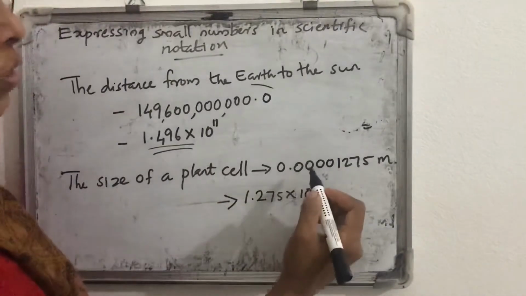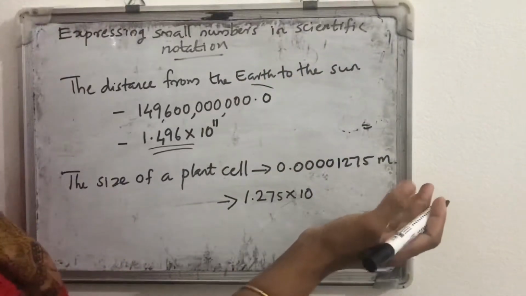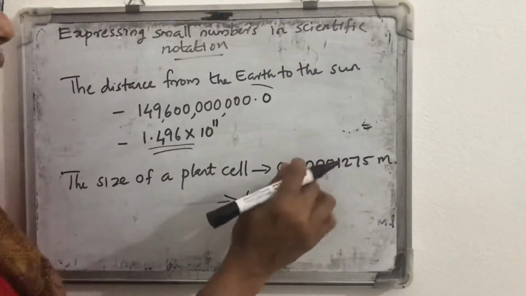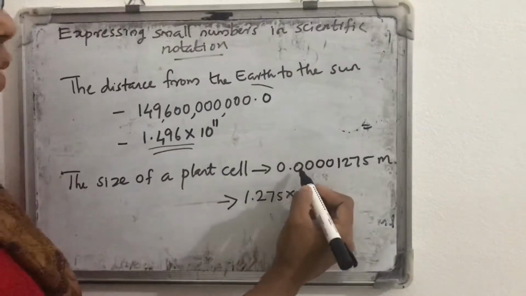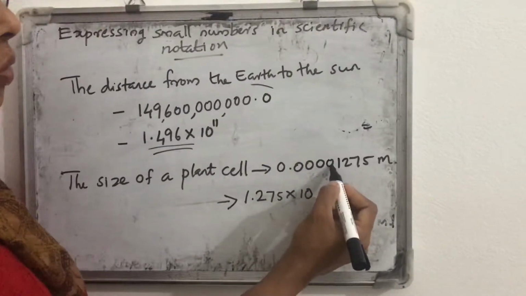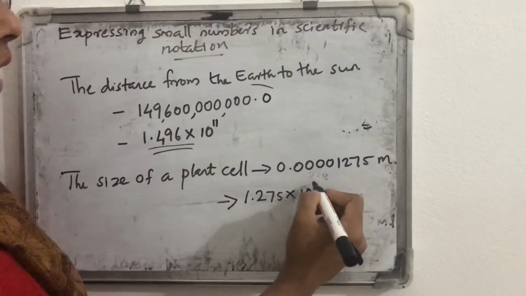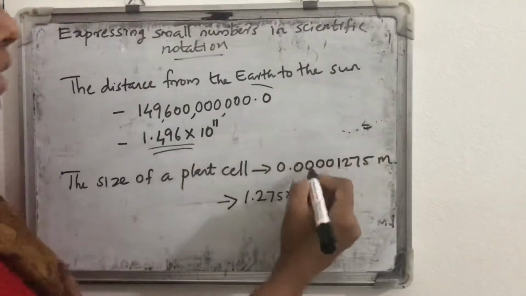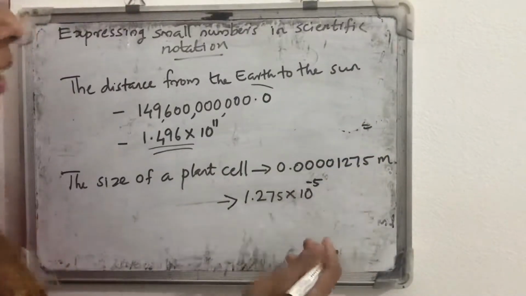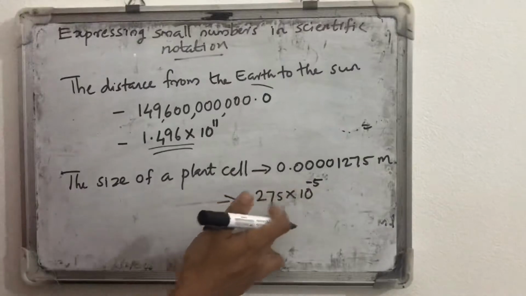Here we are moving to the right side, so that many places we take as the power: 1, 2, 3, 4, 5. So 10 raised to minus 5. We multiply with 10 raised to minus 5, then only the value will be the same.